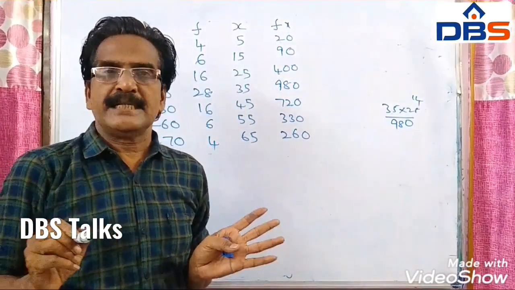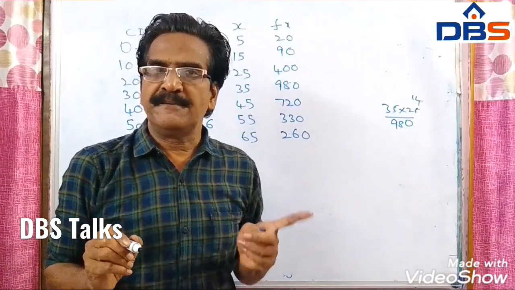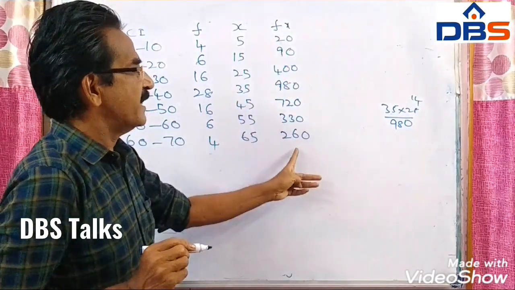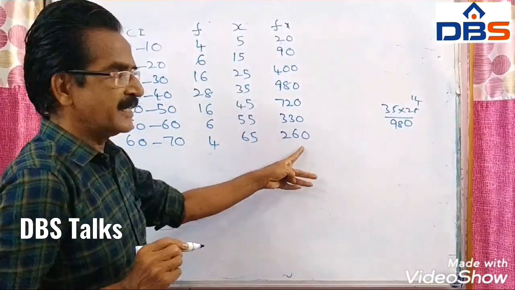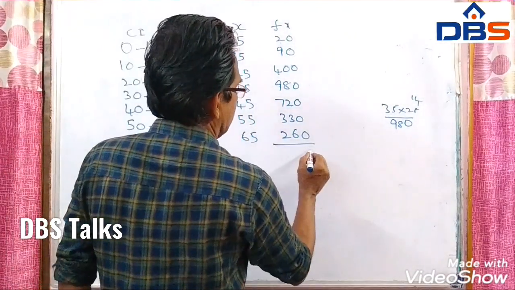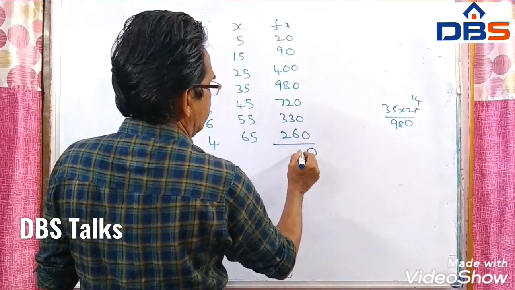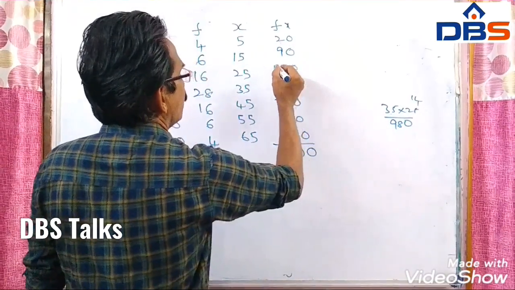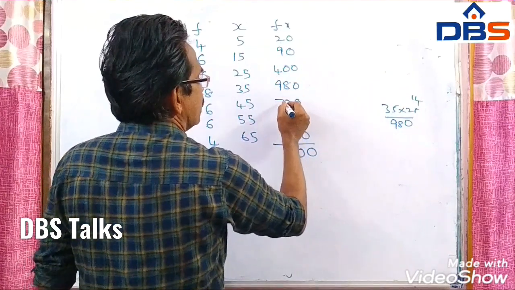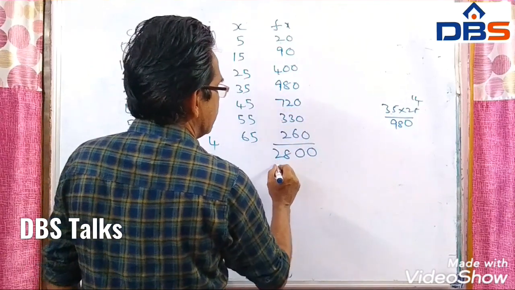So x bar, the mean, is equal to sigma fx by sigma f. Let us add this, and this by this will give us the mean. Let us total: sigma fx is 2800.